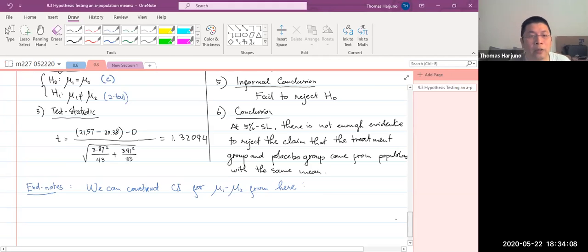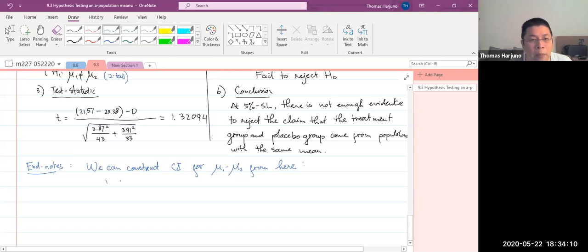Now then, the best point estimate will be mu1 hat minus mu2 hat. That is x1 bar minus x2 bar.